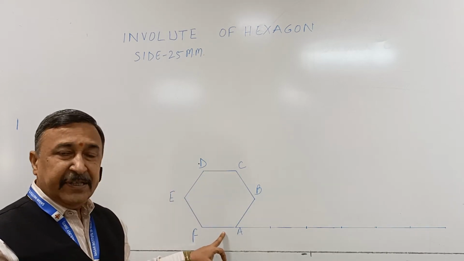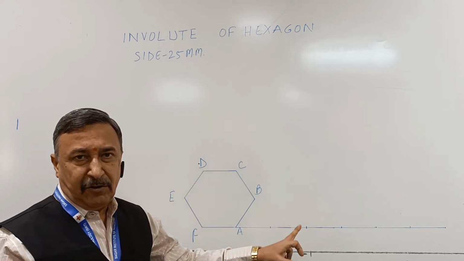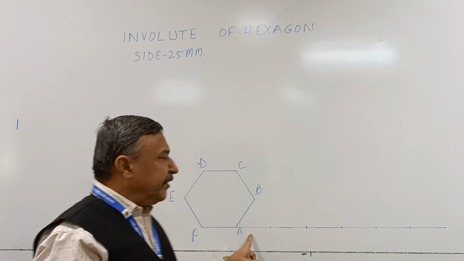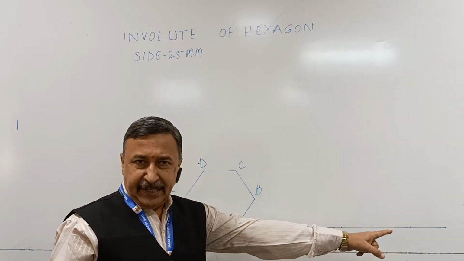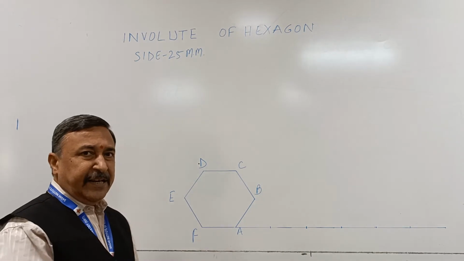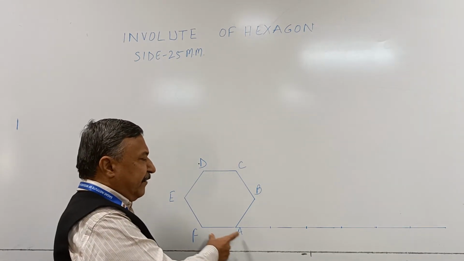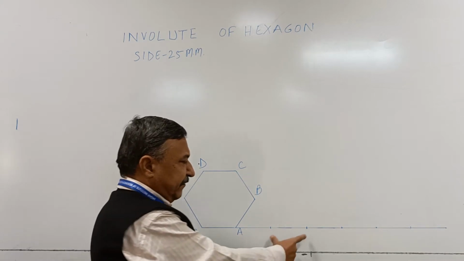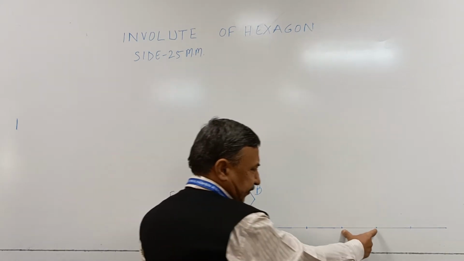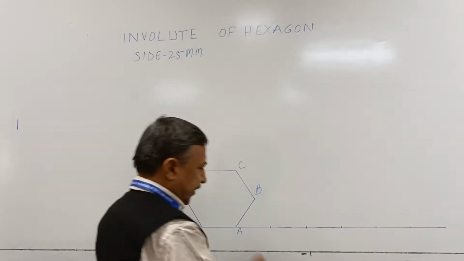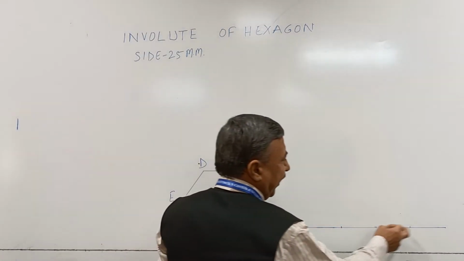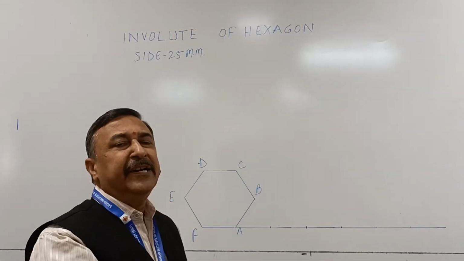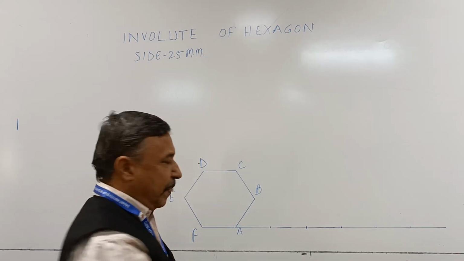This is the perimeter of the hexagon. We make a horizontal line, an extension of this line, and mark a 25 mm distance 6 times: 25, 25, 25, 25, 25 and 25. 1, 2, 3, 4, 5, 6. This is the perimeter of the hexagon.